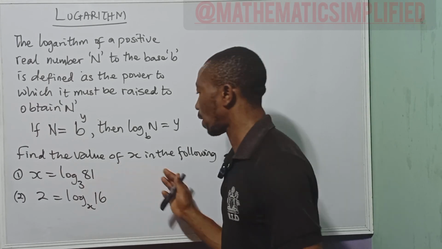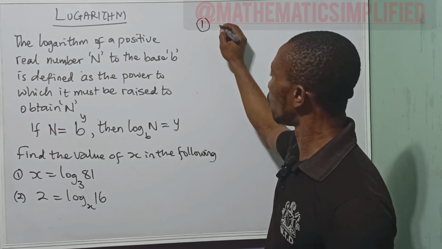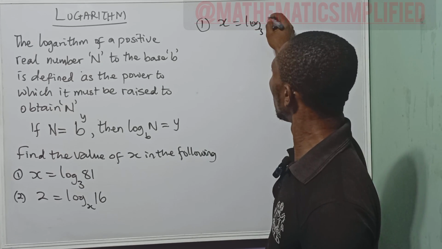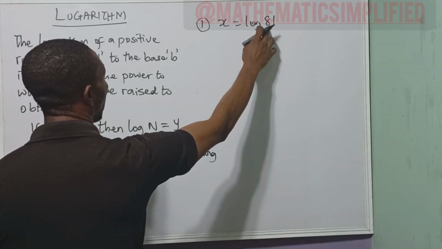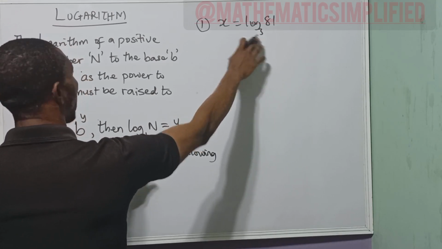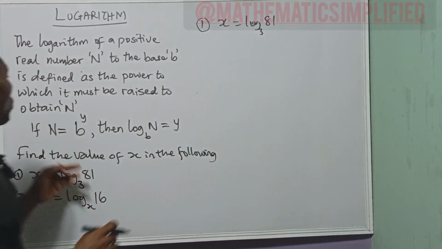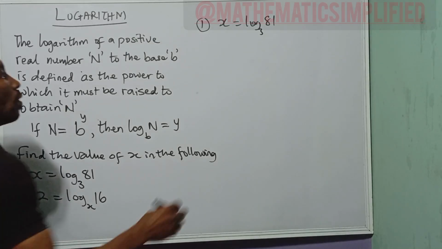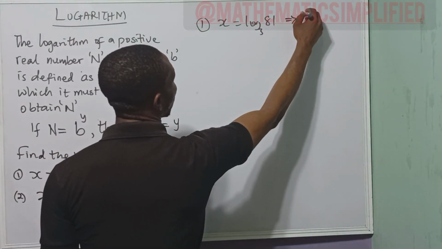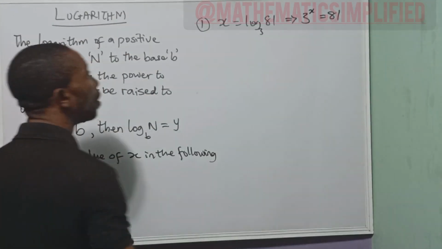It says find the value of x in the following. Our first question here, we have x equals log 81 to base 3. Here, 81 is our n, our b is 3, and x is the power to which it is raised. So we transform it to this form: 3 raised to power x equals 81.